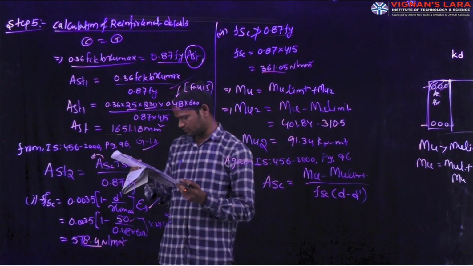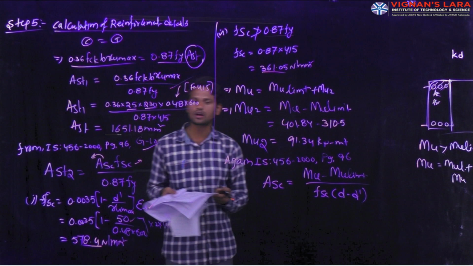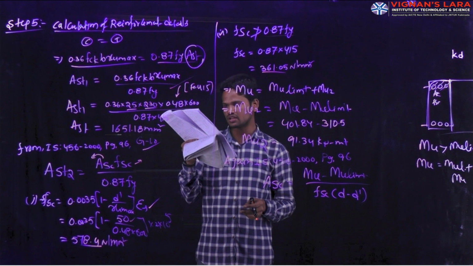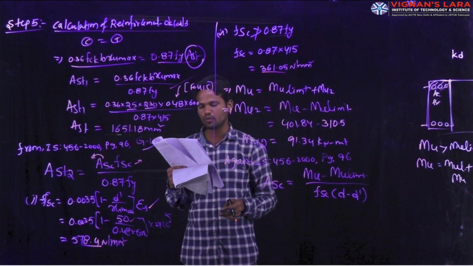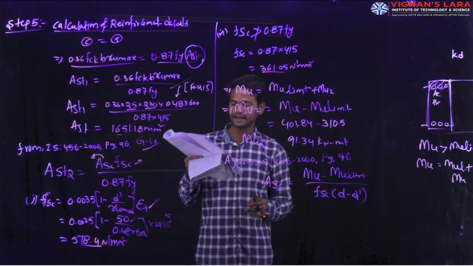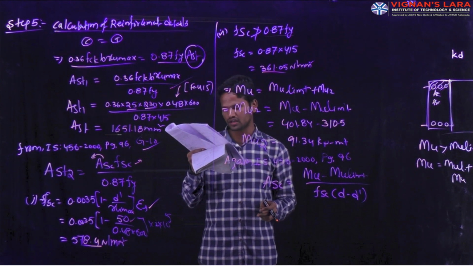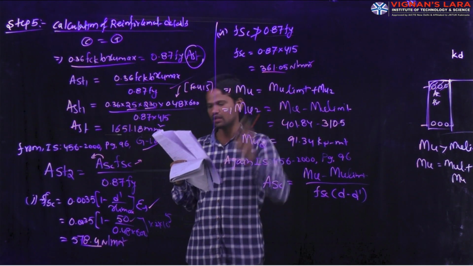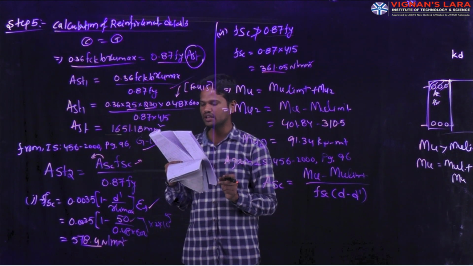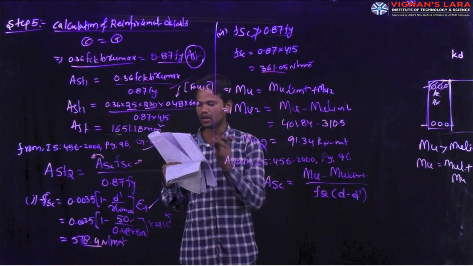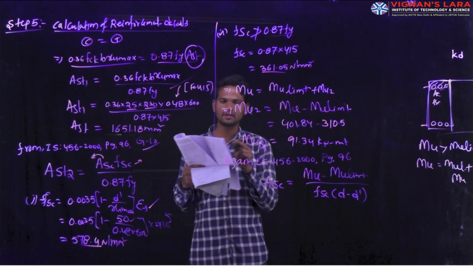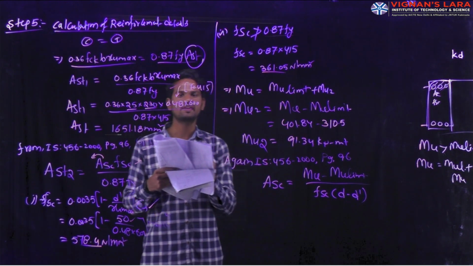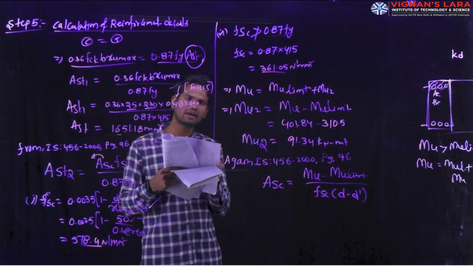In G 1.2, section with compression reinforcement, I am reading the clause: where the ultimate moment of resistance of the section exceeds the limiting moment Mu limit, that means Mu is exceeding the Mu limit, compression reinforcement may be obtained from the following expression, that is Mu minus Mu limit equal to FSC into ASC into d minus d dash.